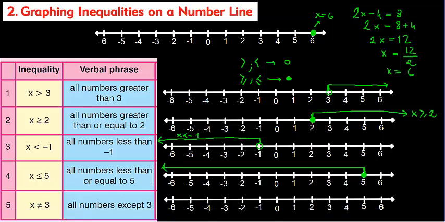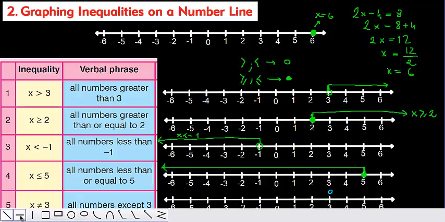So this is going to be our solution set. Okay, then I'm going to do the last one, all numbers except 3. All numbers except 3 means, here I'm going to change the color, only the 3 is empty. Here the point 3 is empty, and the others are going to be closed. So here we are going to do like this.